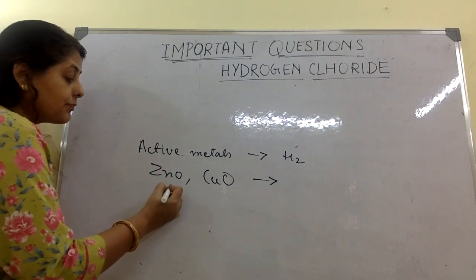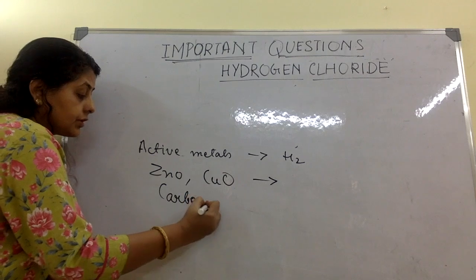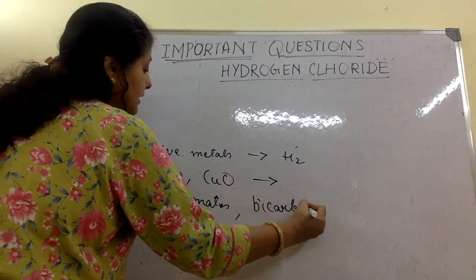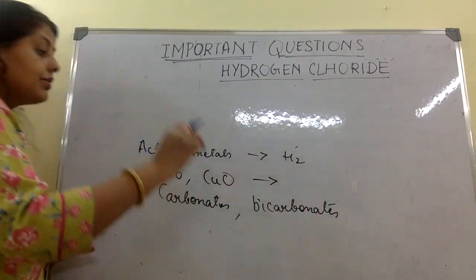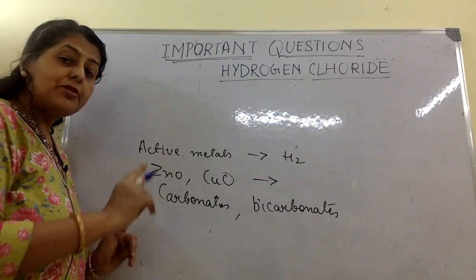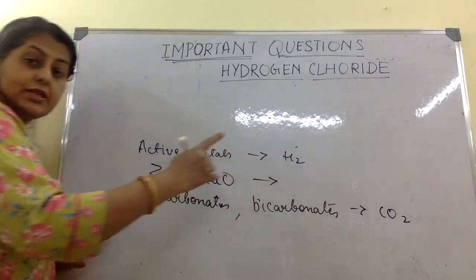Then you have the carbonates and the bicarbonates. You have to remember like this. If you just try to write the equations and memorize them, you will not be able to manage. So carbonates and bicarbonates give out carbon dioxide on reaction with dilute HCl.